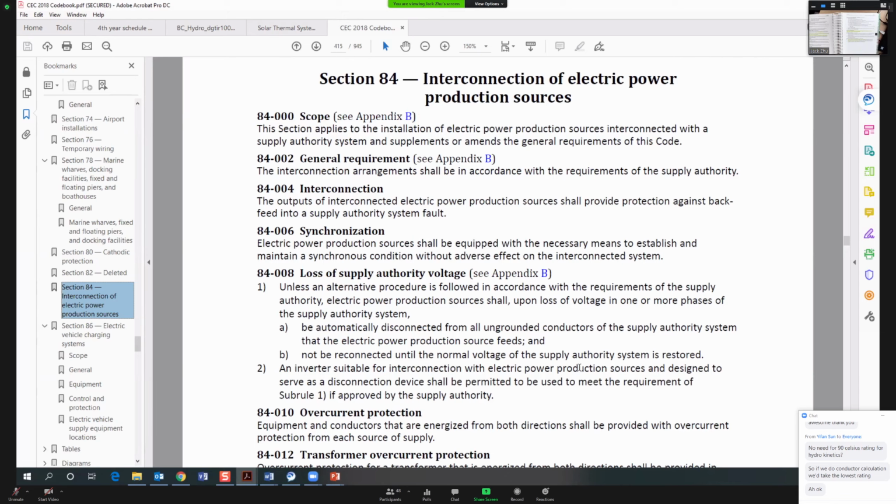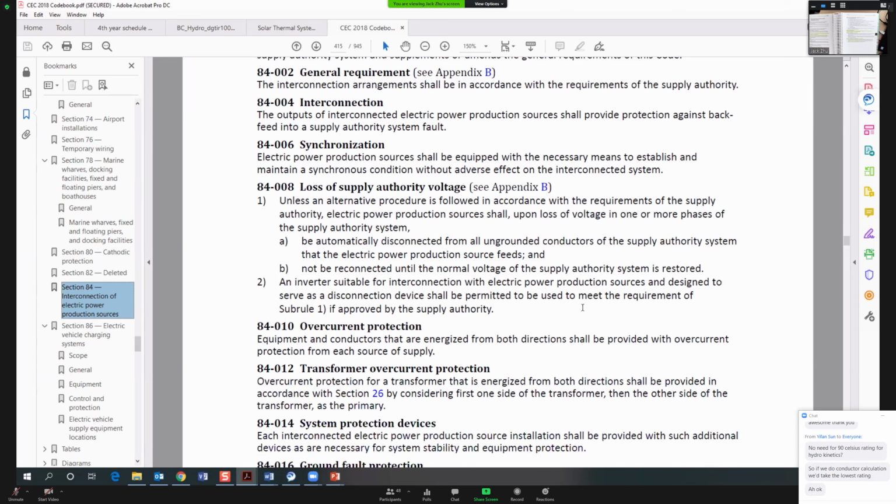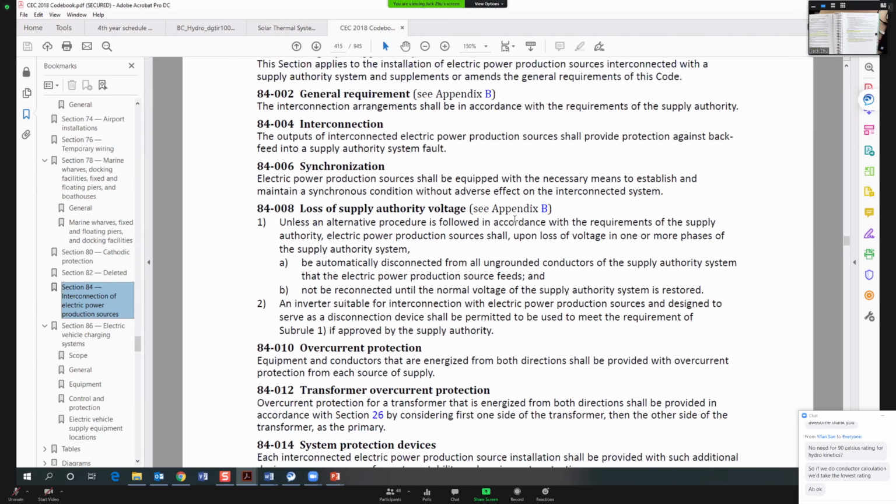So you're not going to have exam questions from this section 84, but if you go to the real job, you should be careful. Lots of things are referred to and set up by this section 84. You can see here the anti-islanding requirement.